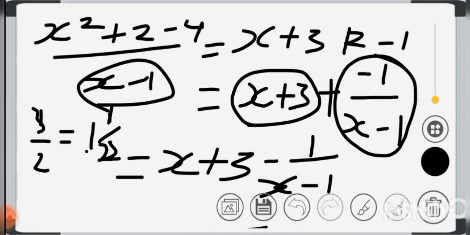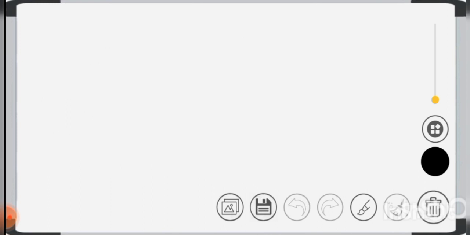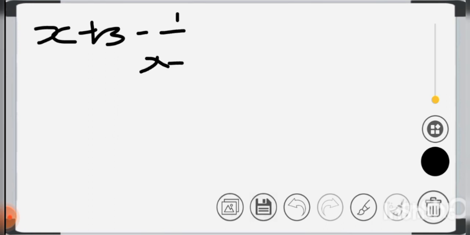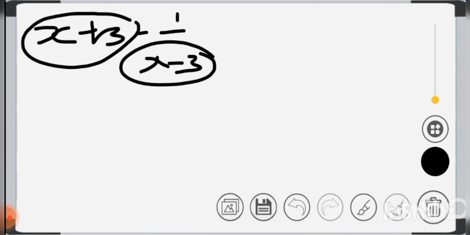That is the meaning. So if I want to get it back, I just say 2 times 1, 2, plus this, that's 3. If I want to check whether this is correct, the answer I got is x plus 3 whole number, then minus 1 over x minus 1. If I want to do this now, I will just say this times this, then I'll add. That's what I'm going to do.